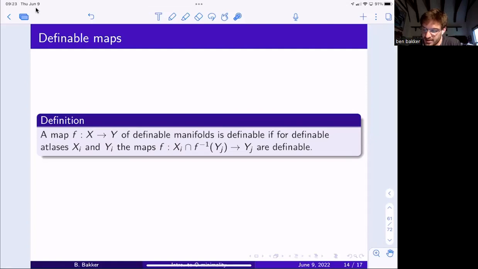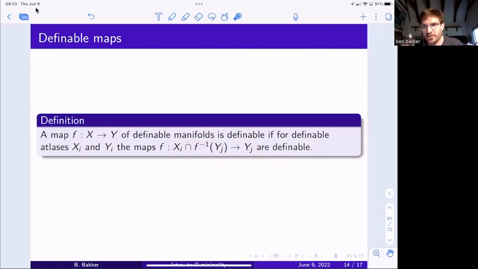And the only way that makes sense is by taking the pre-image of a chart on Y intersected with a chart on X, because that's the biggest subset of Xi on which I land into Yj. And we just require that all of these maps are definable.